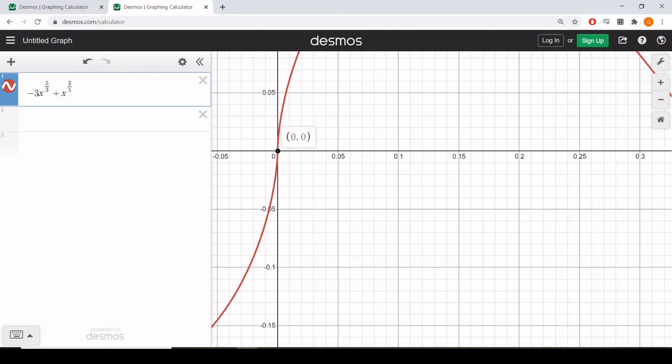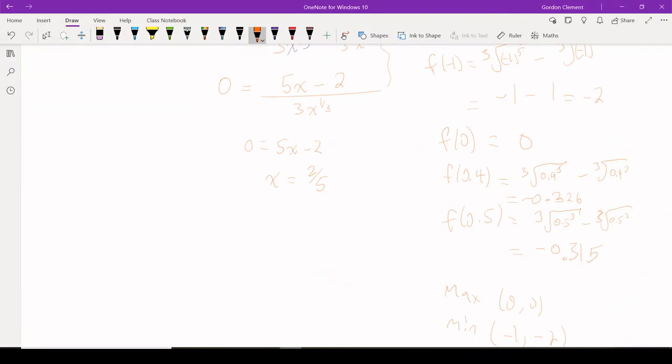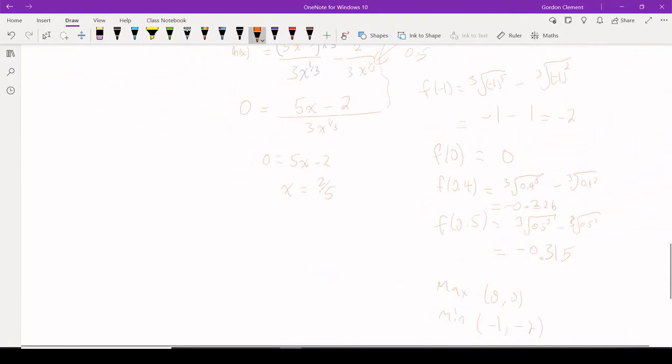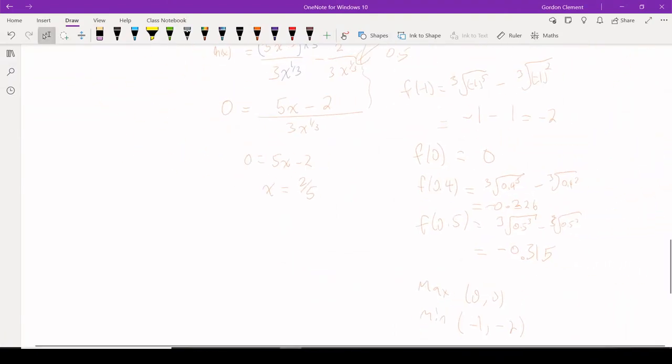So that's another example. The 3/5, when you take the derivative, there'd be a -2/5 in the derivative as an x power, and you can plug in 0 to that. So that's just another thing it might look like, but it would be considered a critical value, and it might be a max or min.